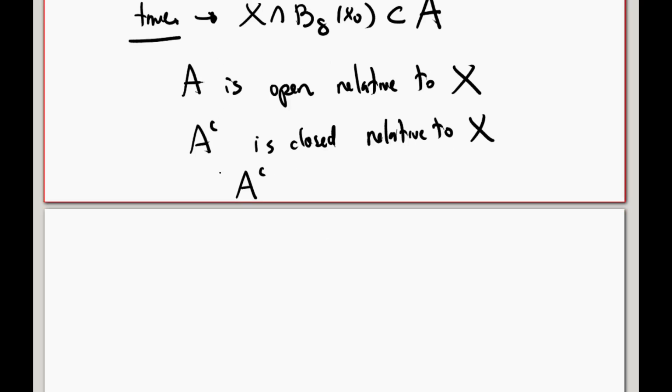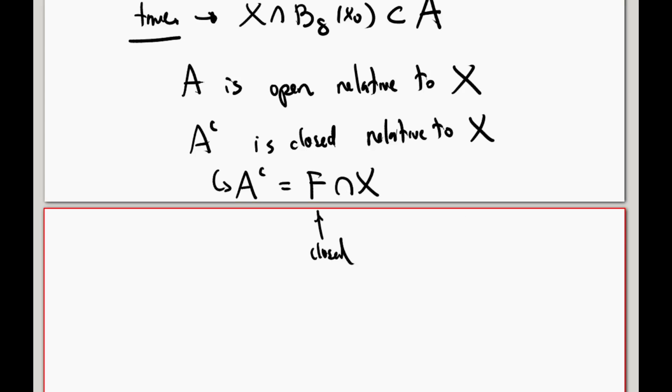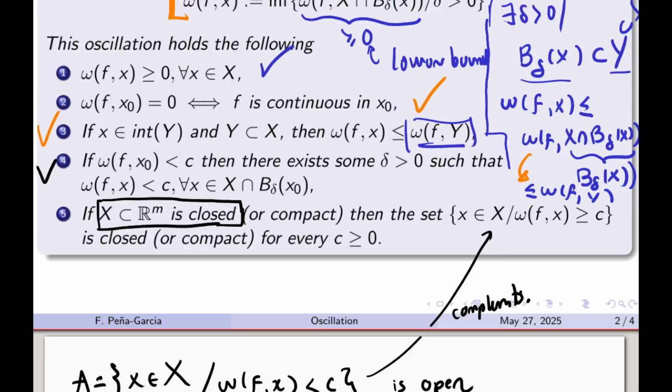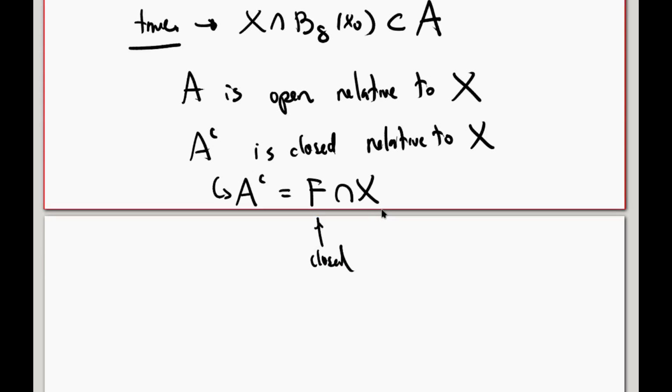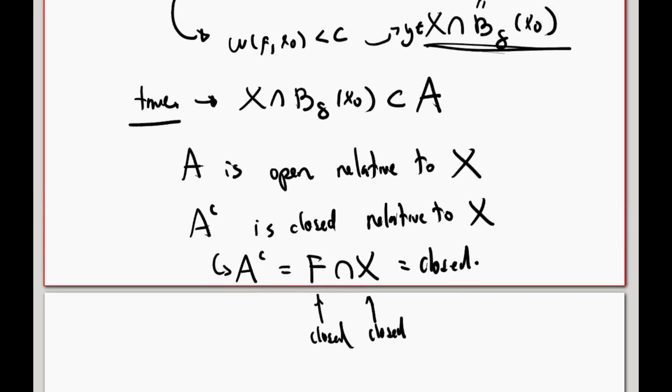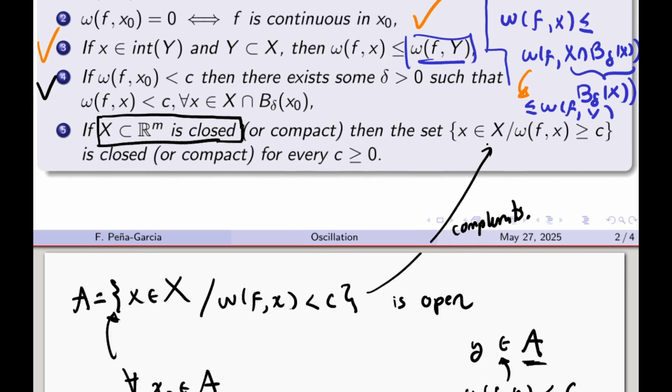And since this happens, then this is equal to some closed set intersected with X. And this is closed. But it happens that X is closed. So this is the intersection of two closed sets, which is closed. So the complement of A is closed, and that complement was that set, so this is closed.